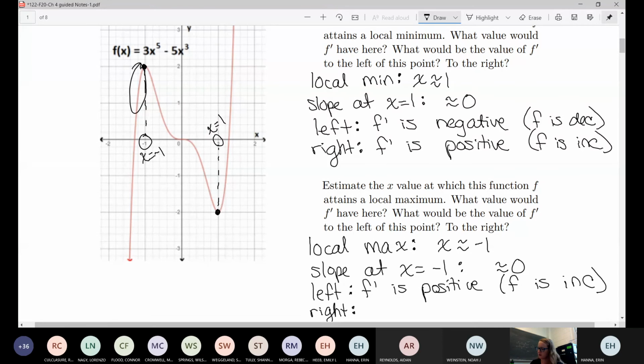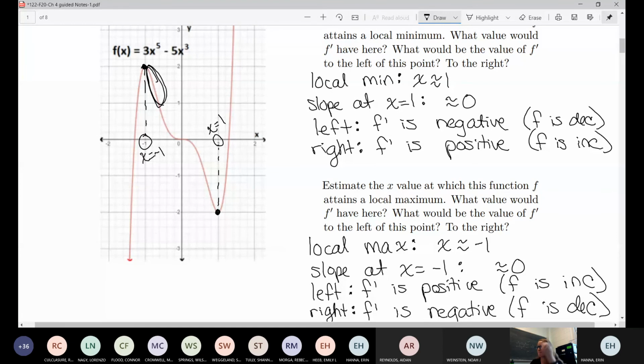And then on the right side of -1, we now have a decreasing piece, so f prime is negative, since f is decreasing.